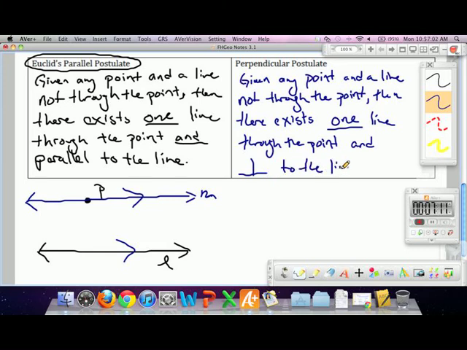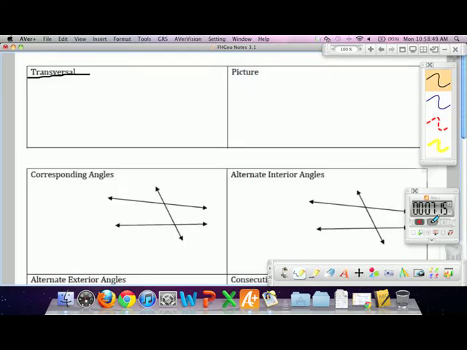The word transversal is just a line that intersects at least two other lines.